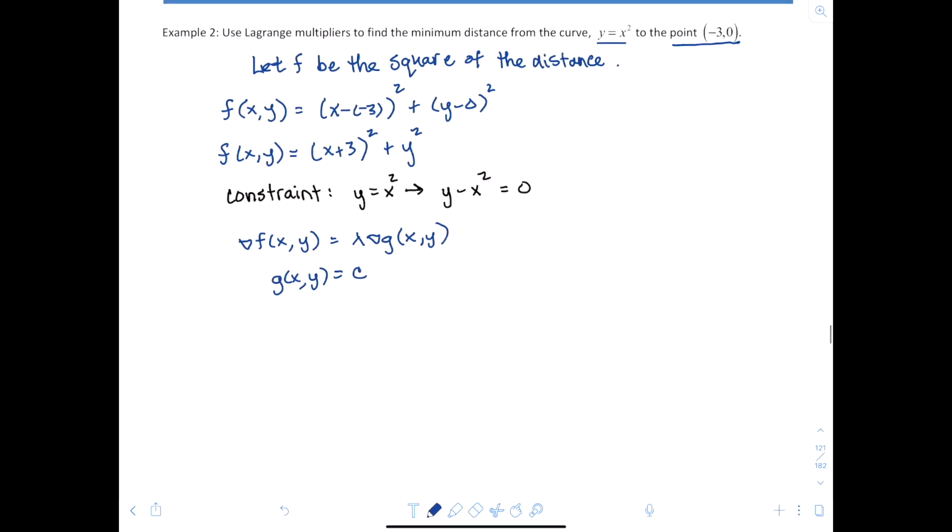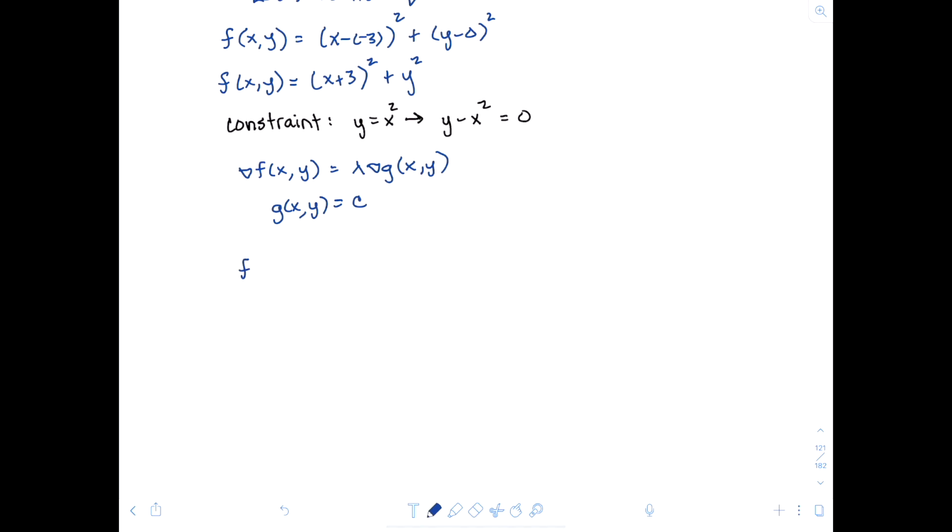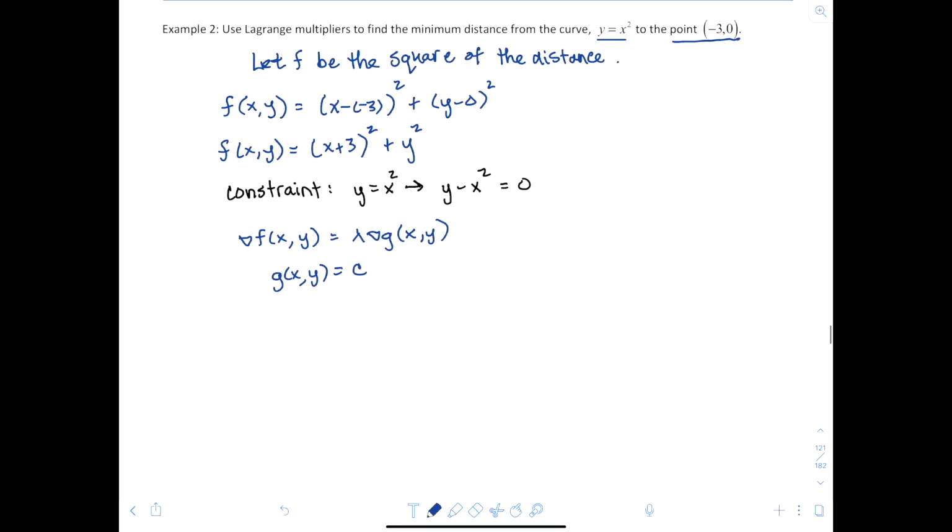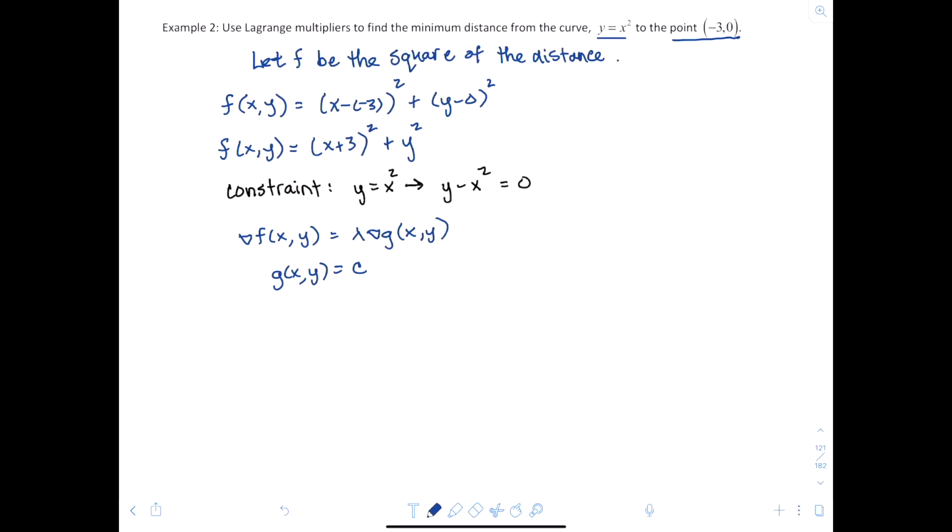So here we go. Actually, let's just utilize the gradient. So if I'm taking del f of x and y and equating it to lambda times del g of x and y, del f is going to be 2 times x plus 3 i, plus 2y j.